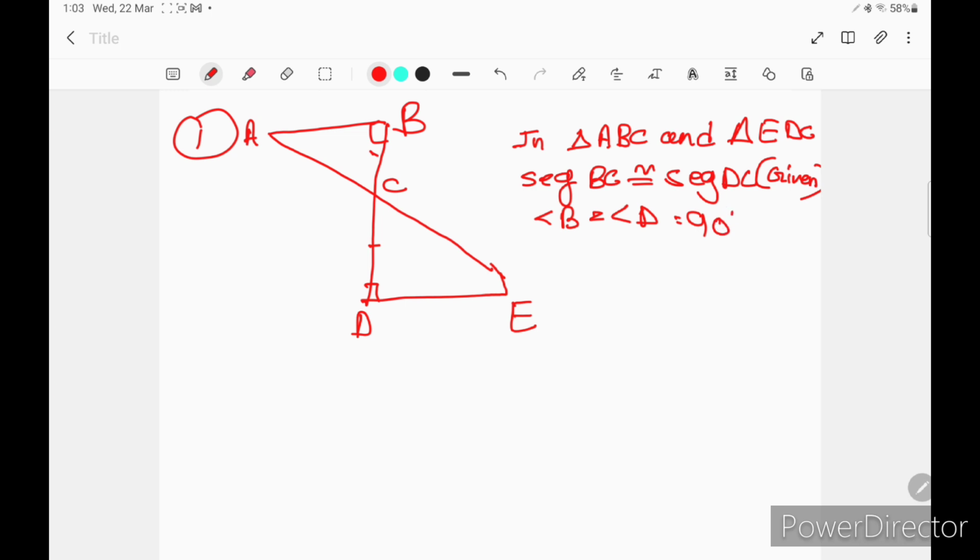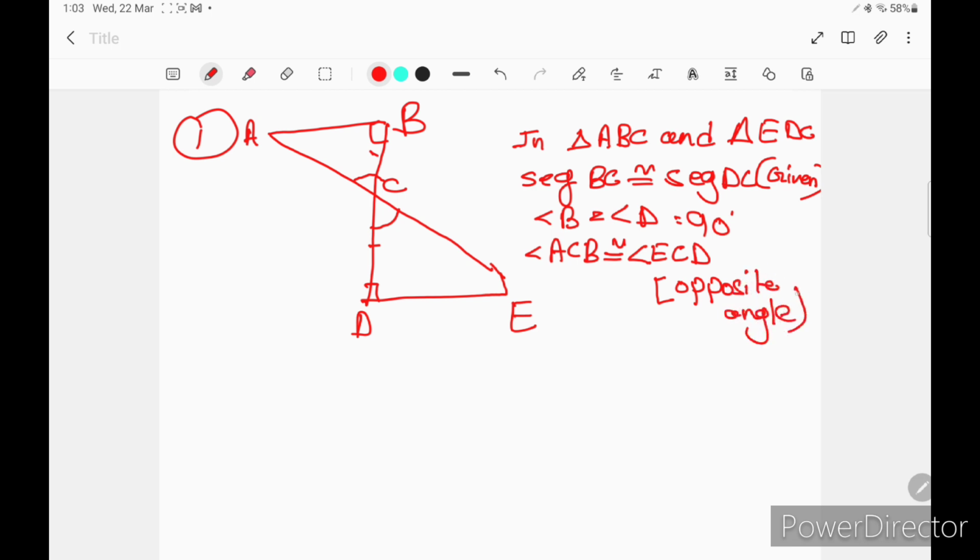Now only one angle and one side is given. You have to think, you want three: either sides or angles. So according to the property of opposite angles, this angle is equal to this angle. So angle ACB is congruent to angle ECD, by the property of opposite angles.